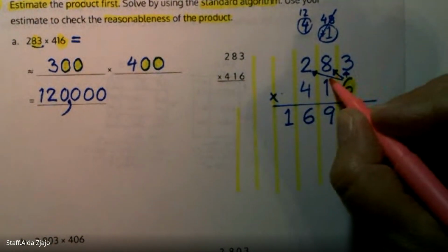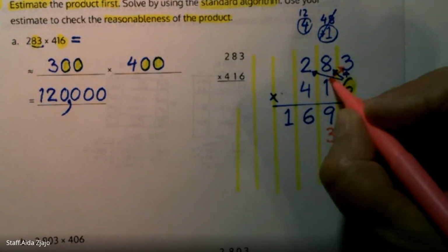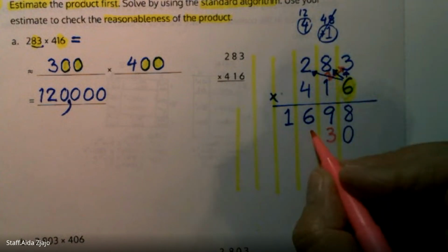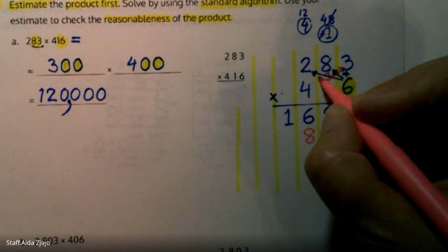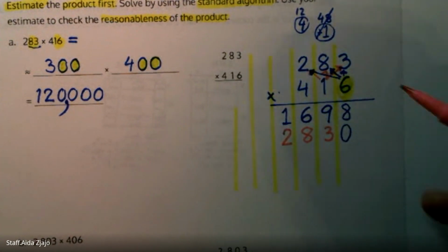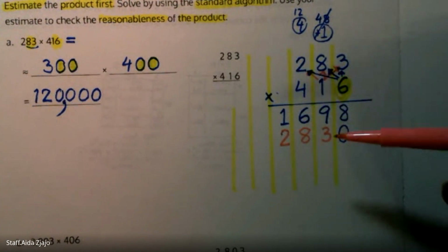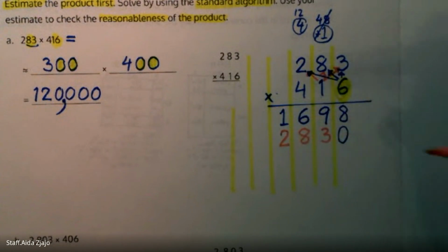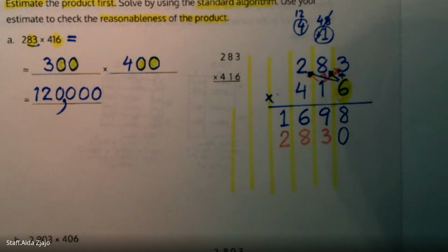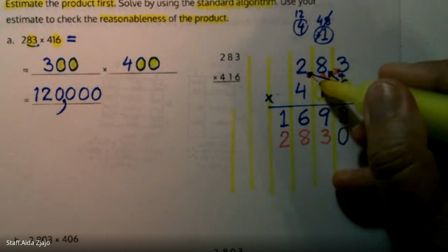So now I'm going to do 1 times 3 is 3. 1 times 8 is 8. And 1 times 2 is 2. So I have 10 times 283 is 2,830.